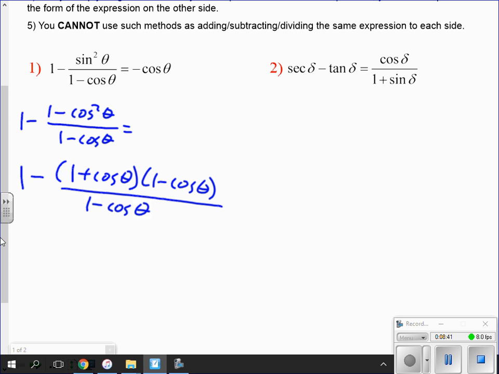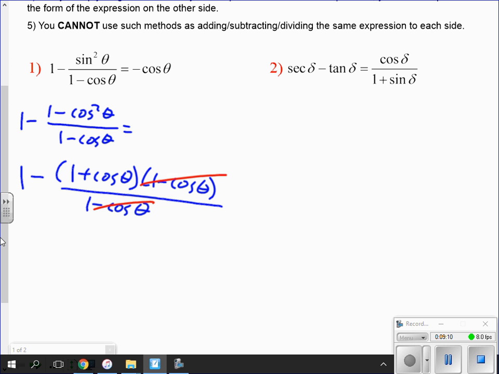Does that make sense? Okay. What do I do next? This next one should be obvious, I hope. Cancel. Reduce. Yeah, I have a 1 minus cosine theta and a 1 minus cosine theta. They're gone.